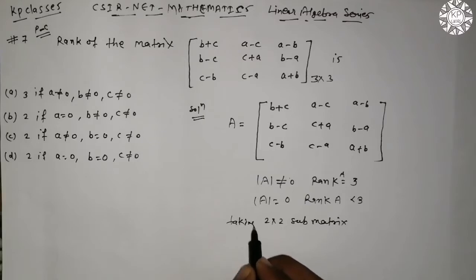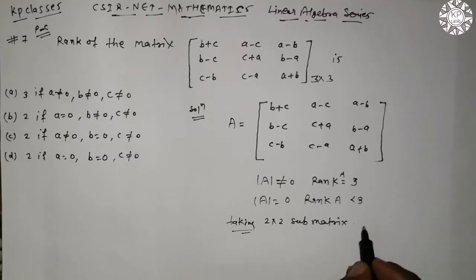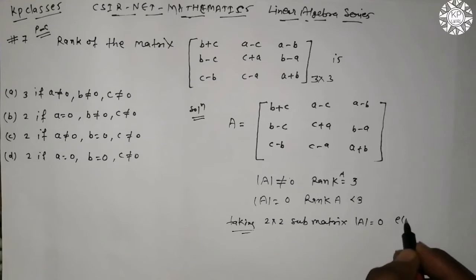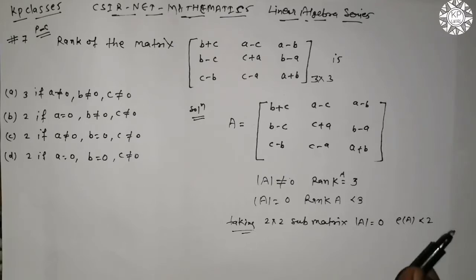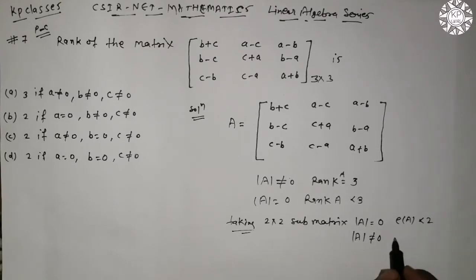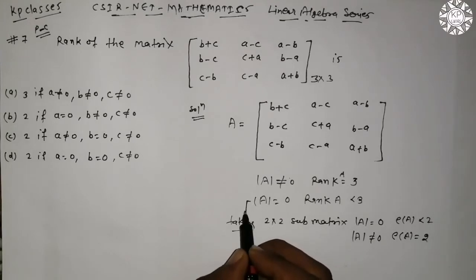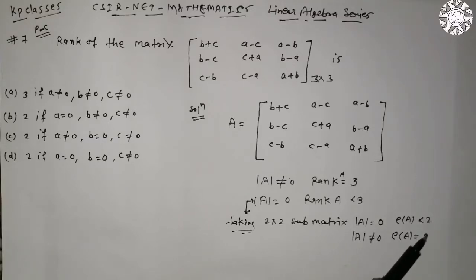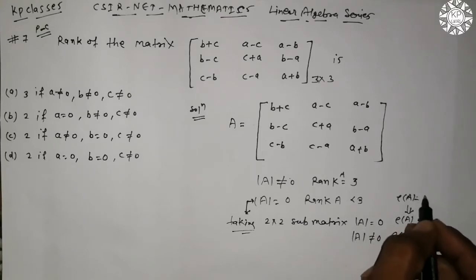If the determinant of a 2 cross 2 sub matrix is 0, then the rank of A is less than 2, meaning the rank is 1 or 0. If the determinant is not equal to 0 for a 2 cross 2 sub matrix, then the rank of A equals 2. If all determinants of 2 cross 2 sub matrices are 0, then the rank of A equals 1.